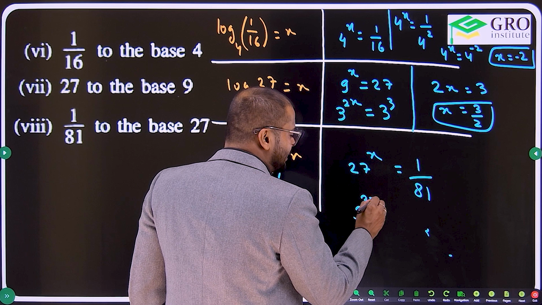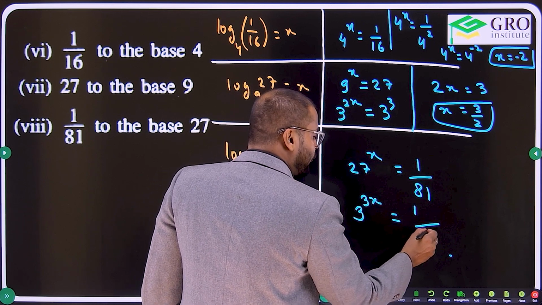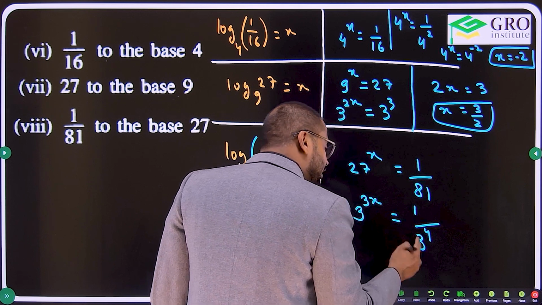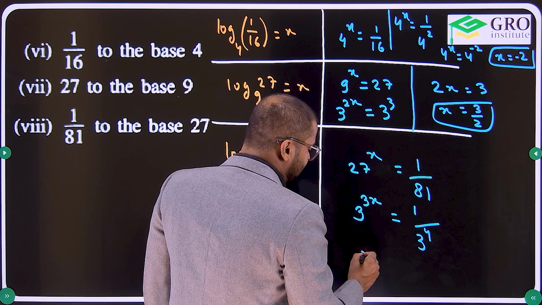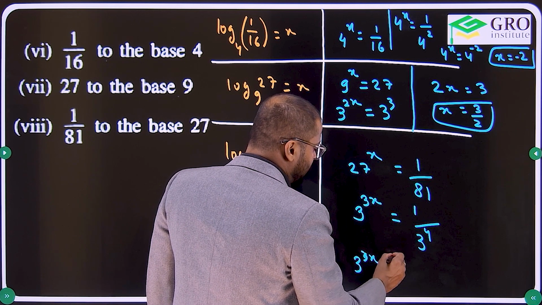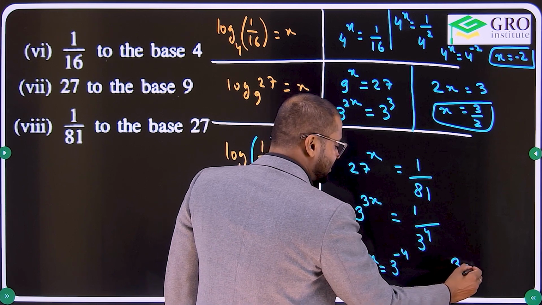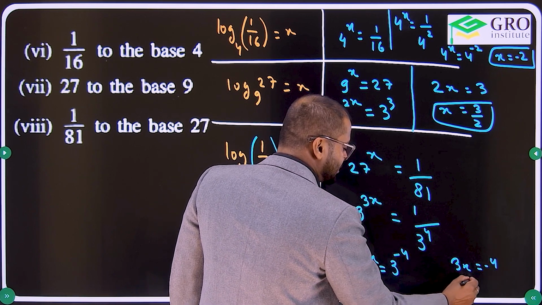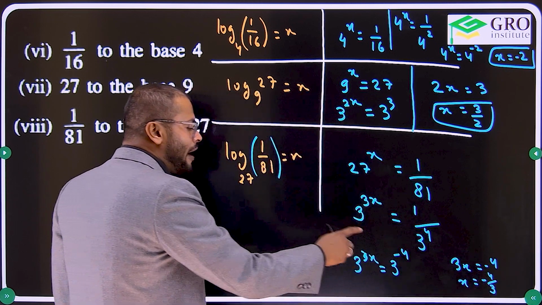X is multiplied, 3x. Same way 81 is written as 3 to the power 4. And when 3 to the power 4 goes to the numerator, it becomes 3 to the power 3x is equal to 3 to the power minus 4. And when both the bases are same, 3x is equal to minus 4 and x is equal to minus 4 by 3. So this is your final answer.